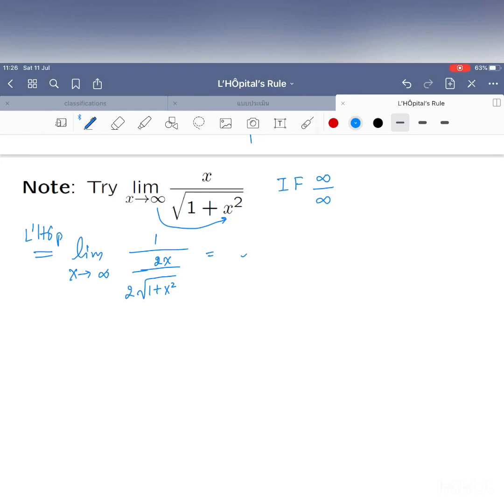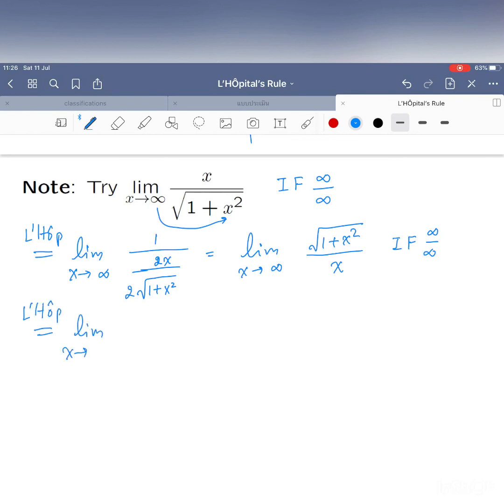And what you end up with, simplifying a little bit, you have the square root of 1 plus x squared over x, right? Oh, what does this mean? Hey, it comes to an indeterminate form, infinity over infinity again, right? So let us try L'Hopital one more time.